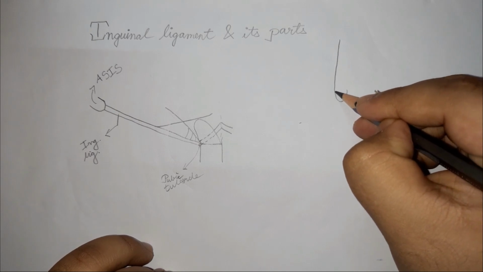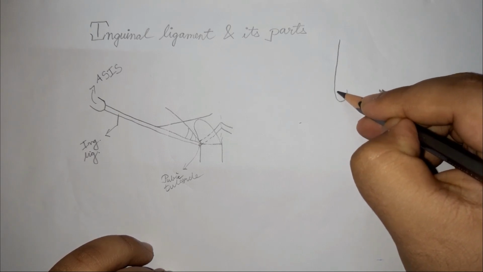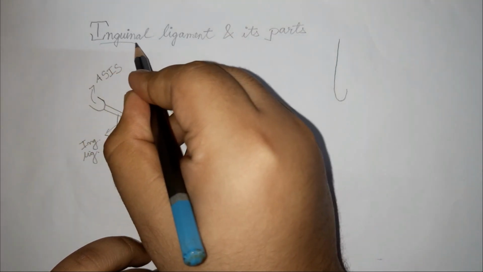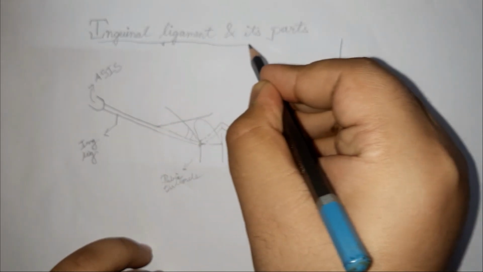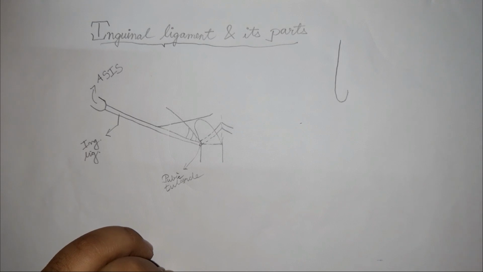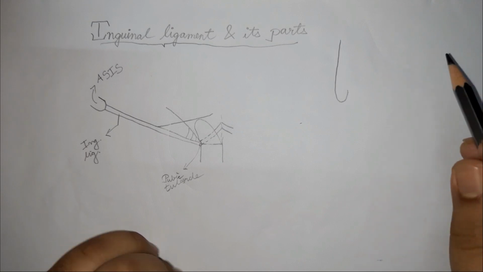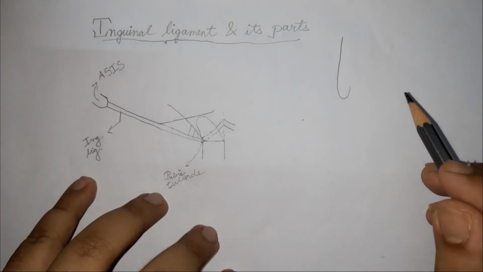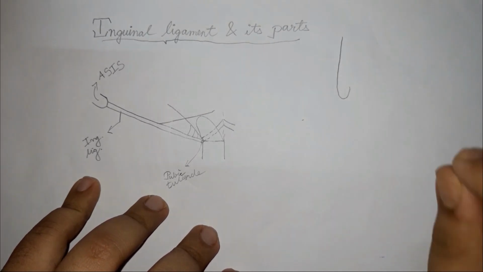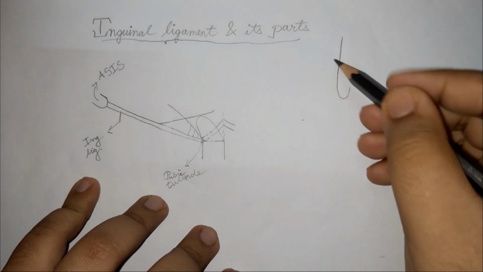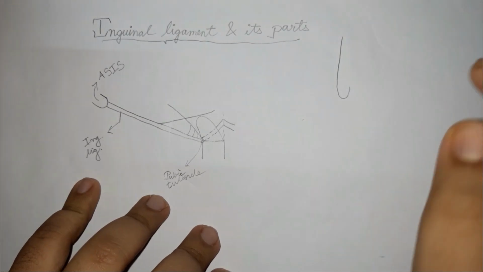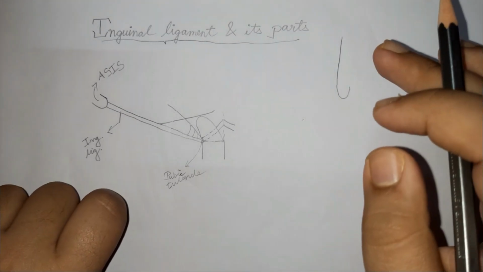Since it is formed by this folding, the inguinal ligament is grooved in its upper surface. That is the foundation for the inguinal canal, which we will talk about in just a bit. So do you understand why the inguinal ligament is grooved in its upper surface? This is the reason. So far so good, right?